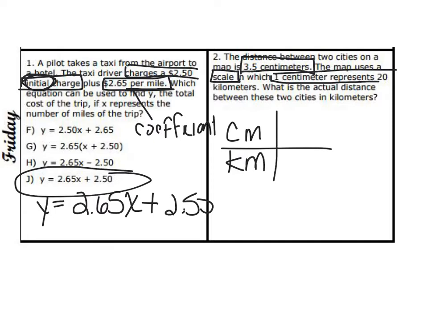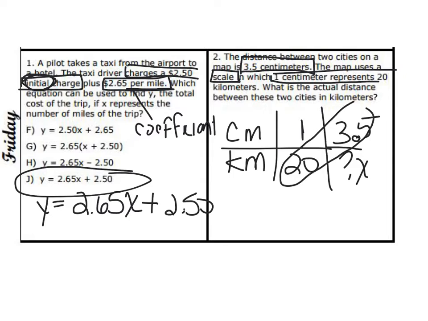They're telling you that 1 centimeter equals 20 kilometers. So then they want to know how much 3.5 centimeters equals. So that's what we're looking for. That's our letter X. So what do we do in this case? 3.5 times 20.